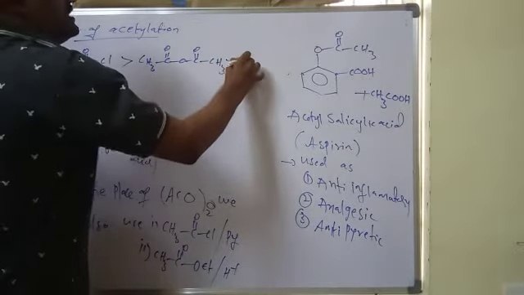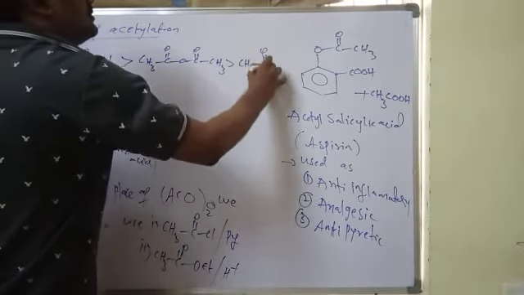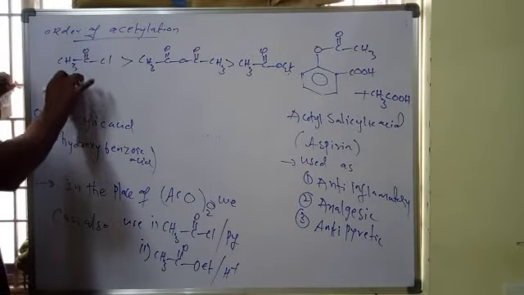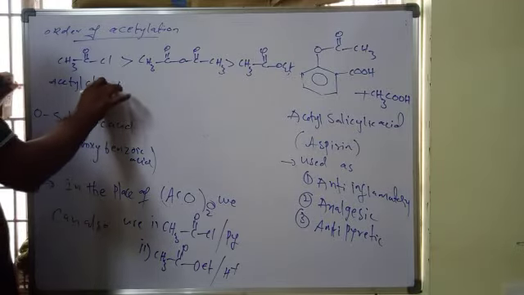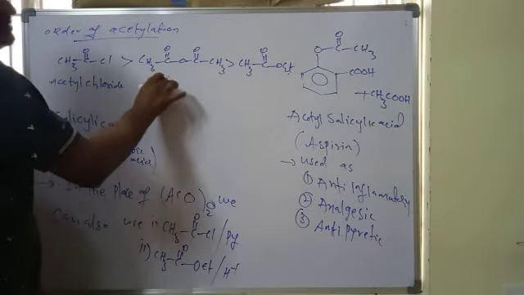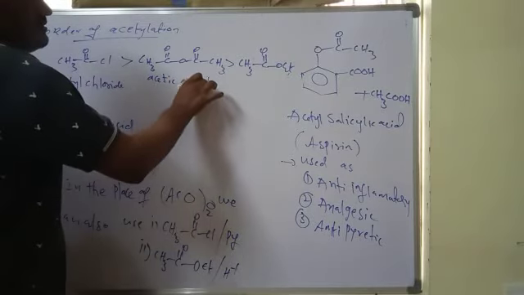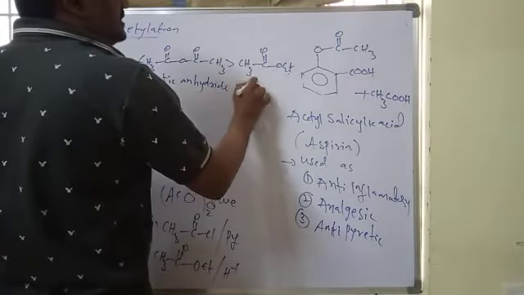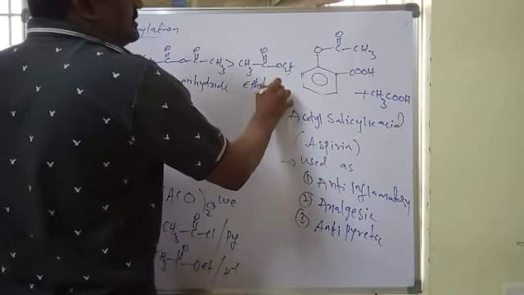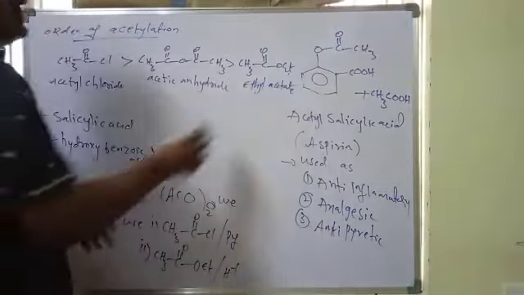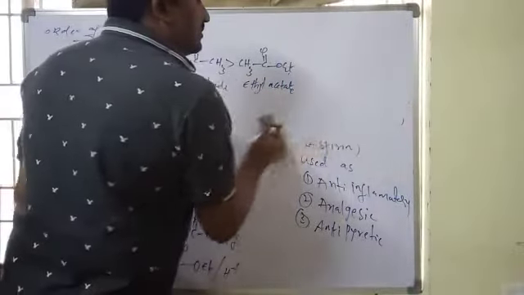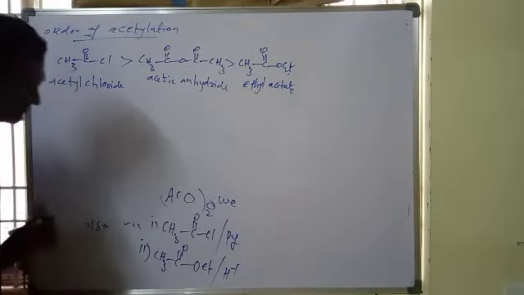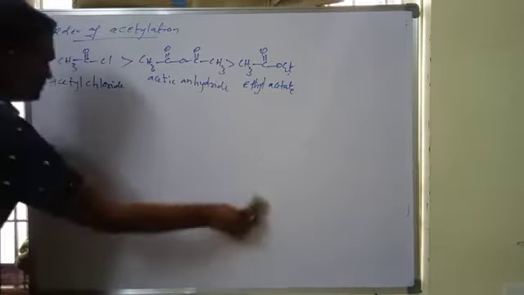Then after that the ester, CH3C double bond O OEt: acetyl chloride, acetic anhydride, and ethyl ethanoate or ethyl acetate. So if you take acetyl chloride, you will get a better yield for this reaction. So this is the acetylation of aspirin.